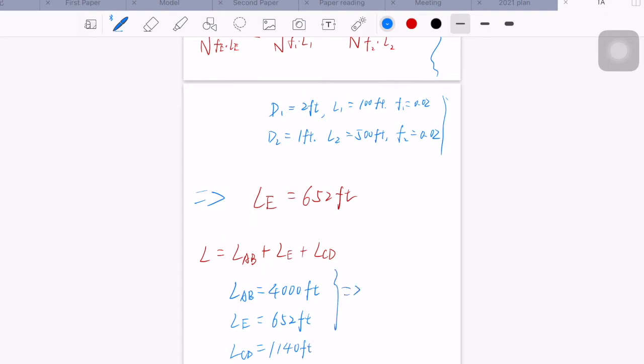So we know the total length of pipe between these two reservoirs equals 5,792 feet.